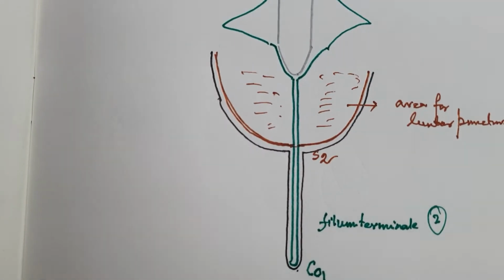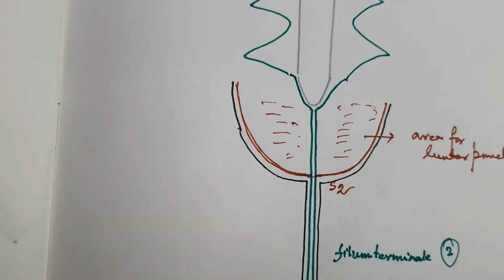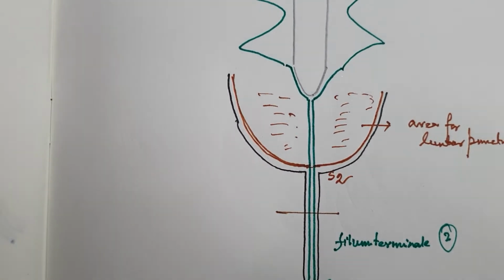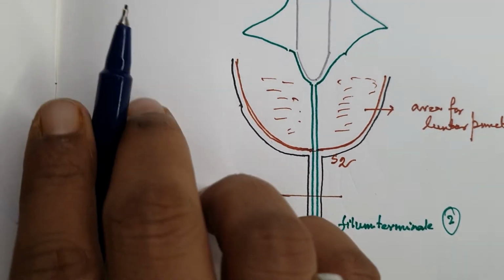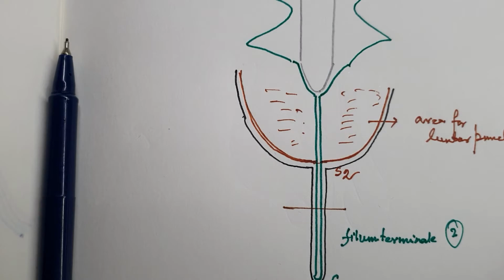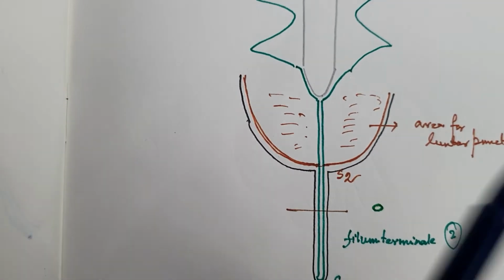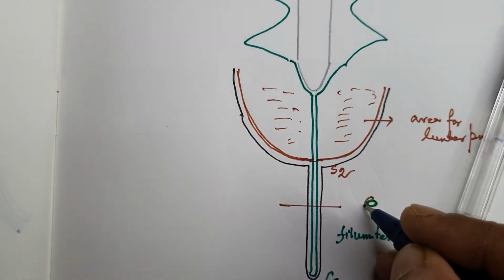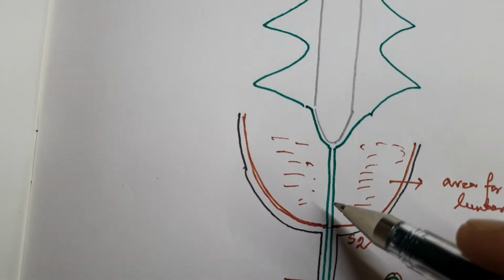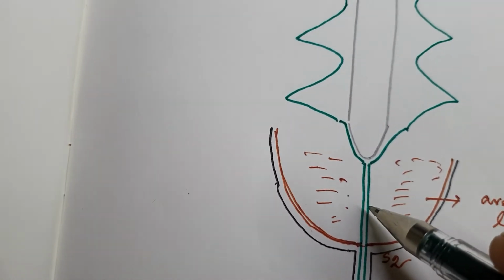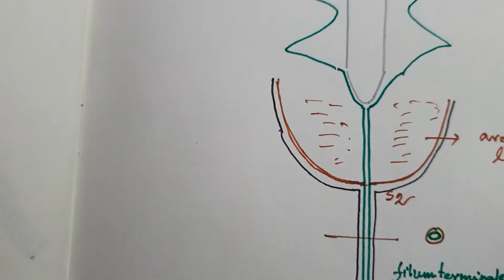So if we make a section below S2, we get only the pia mater surrounded by dura mater. There is the pia mater, and surrounding it there is a layer of the dura. Whereas above S2, there is the pia mater, then CSF, then arachnoid, then dura.